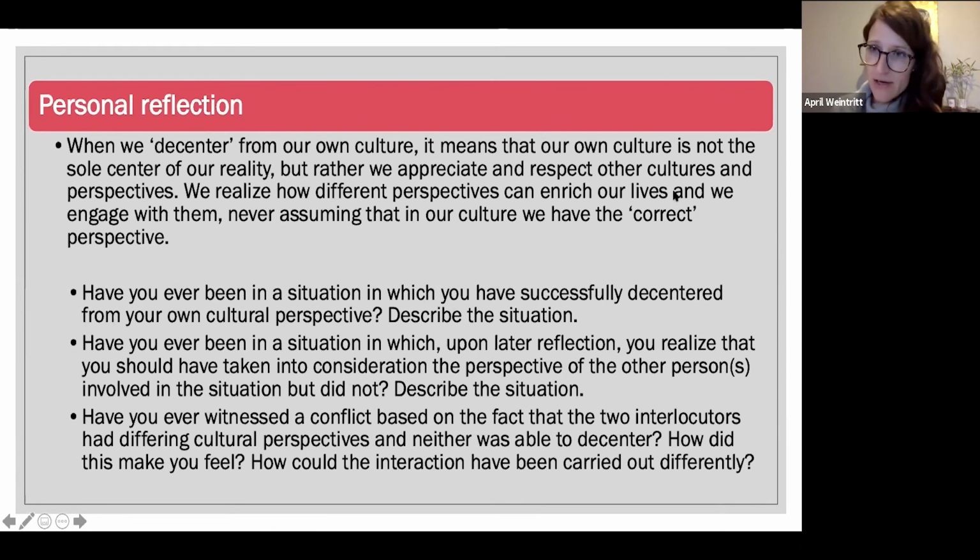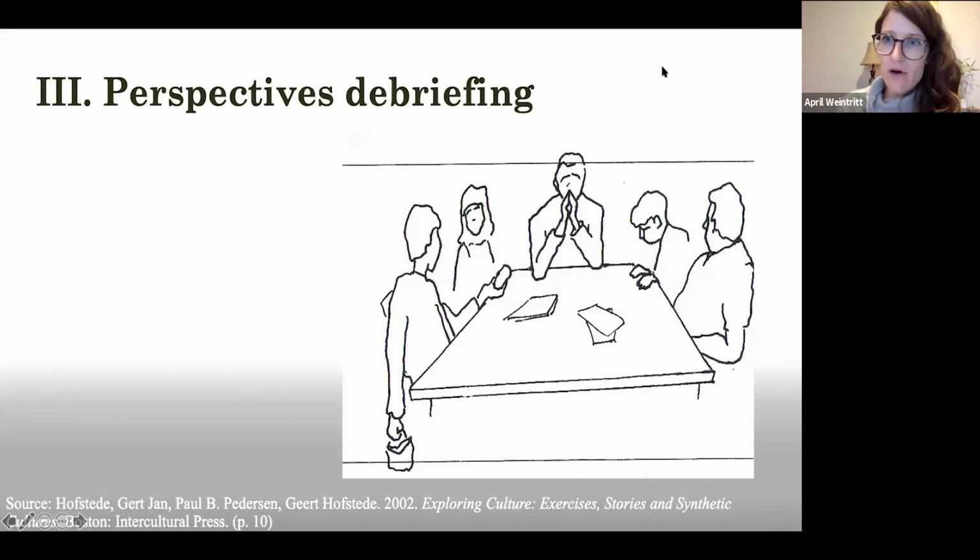They're about decentering, but I'm going to go back and drive home my last message, which is when we do these larger activities, this is our type 3 perspective activity.